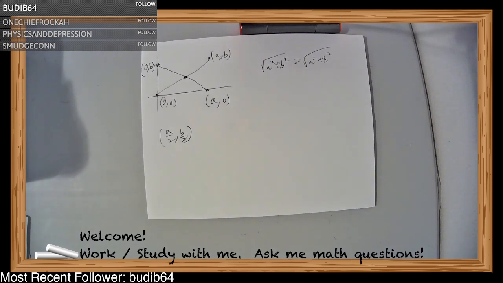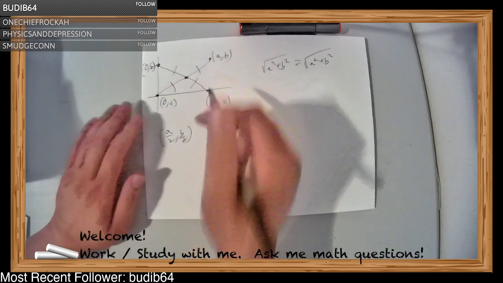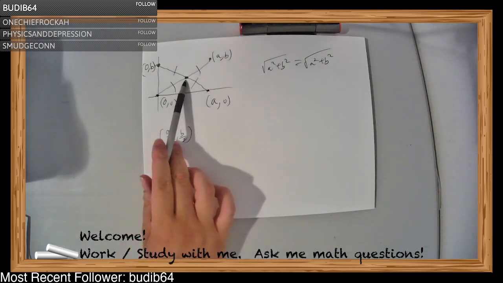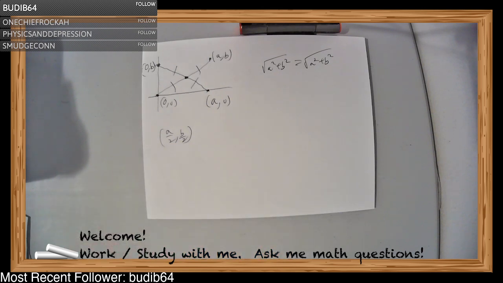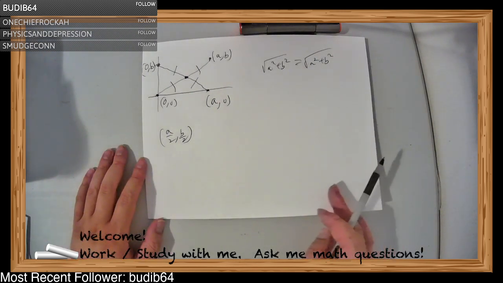All 4 points will be on the circle if it's a rectangle, because they bisect each other and all 4 halves are the same, so this point here is the center of the circle, and all 4 points are equidistant. And there you go.